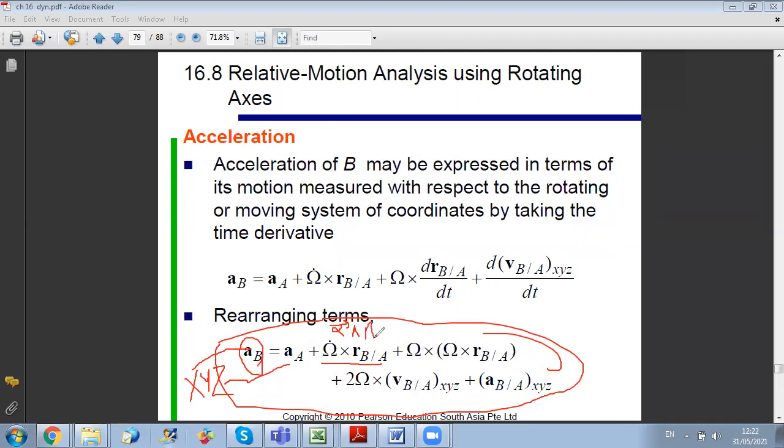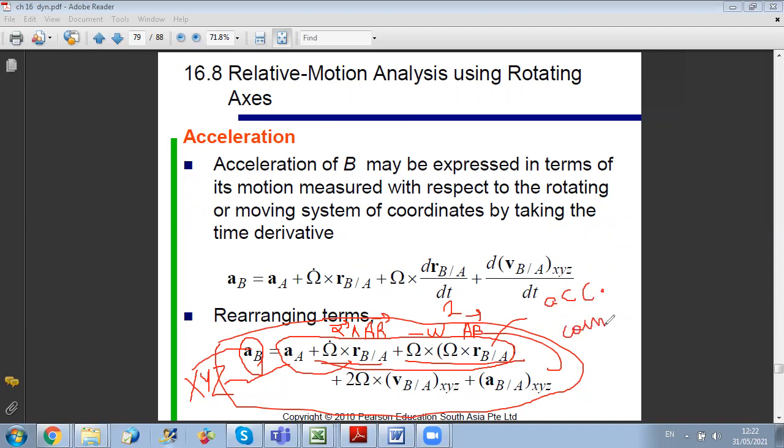Okay, plus omega factorial omega factorial AB, a term that I told you in 2D can be replaced by minus omega square AB. So far nothing is new. Okay, these two terms are the same as the formulas of the translating axis. If you want, these terms AA plus alpha factorial AB minus omega square AB are the acceleration of the coincident point, meaning the point we are standing on on the rigid body.